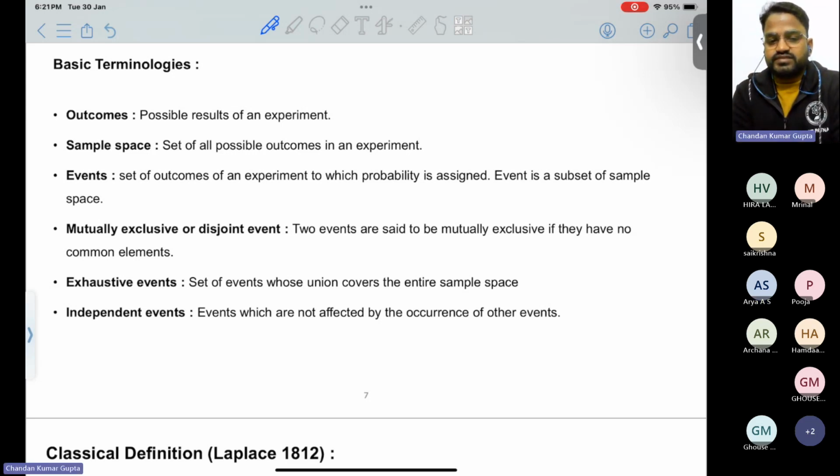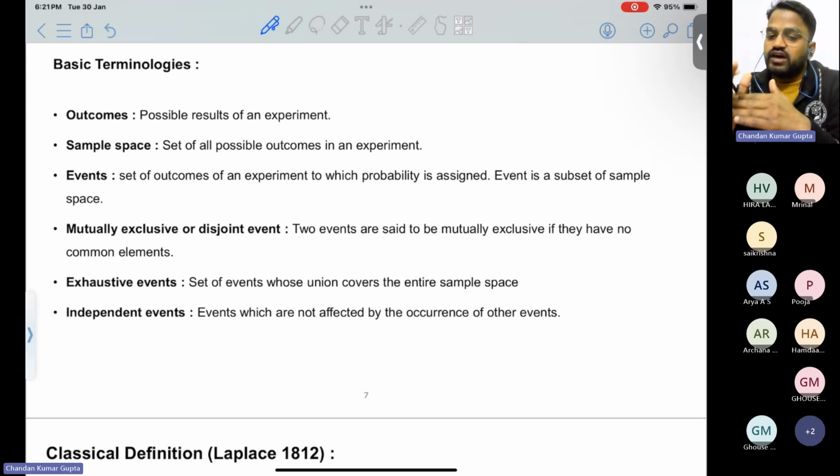And what is a sample space then? The set of all outcomes. All the possible outcomes, then we collect them as a set. We form a set of all possible outcomes, and this is called the sample space. And in probability, our first aim is to find out what the sample space is in the particular problem.